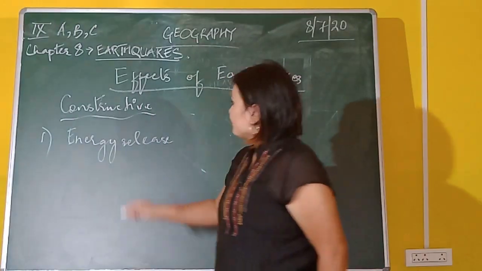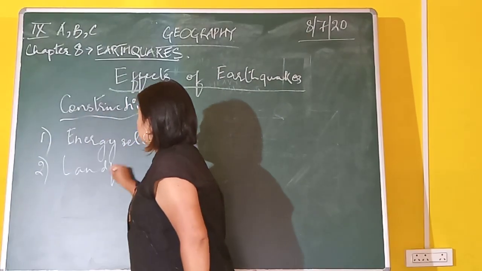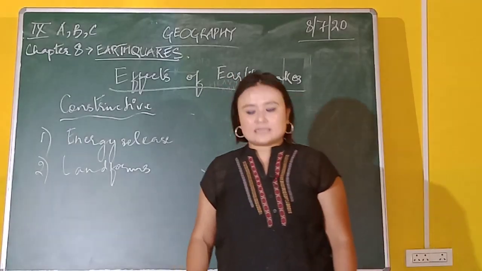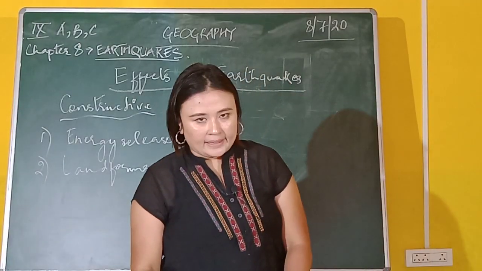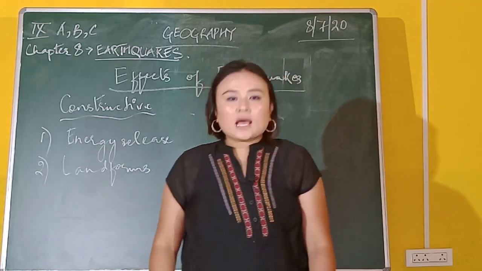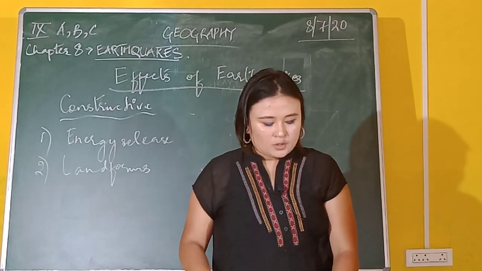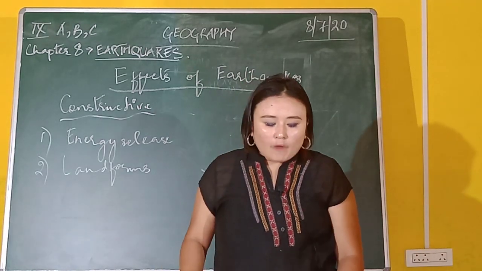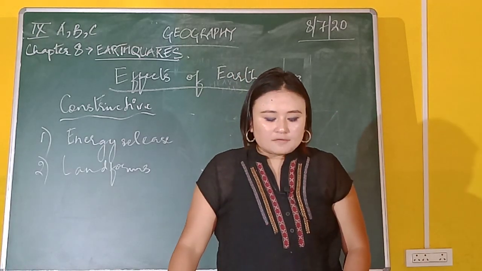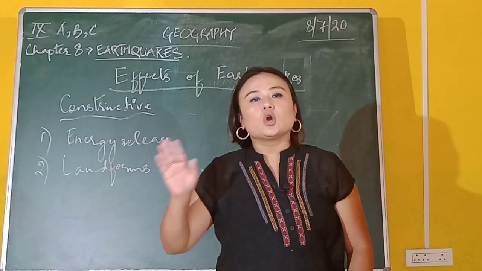The second one is the creation of landforms. Different varieties of landforms are also created by an earthquake. Let's find a suitable example of this category. On account of both vertical and horizontal movement, or lateral displacement of the Earth's crust, an earthquake may raise or lower parts of the Earth, especially near the seashore or coastal areas.